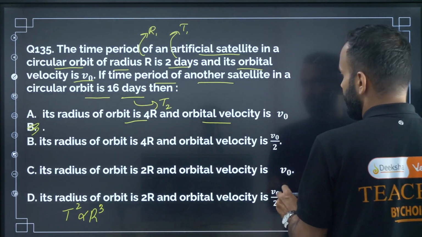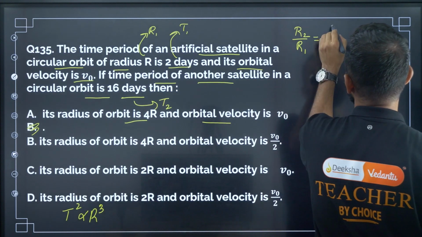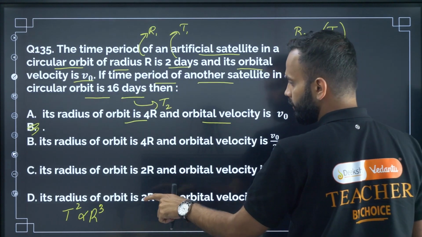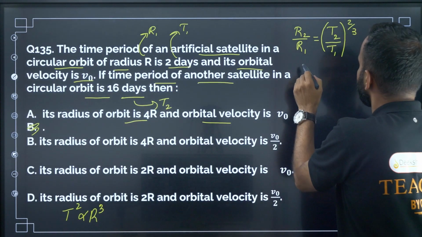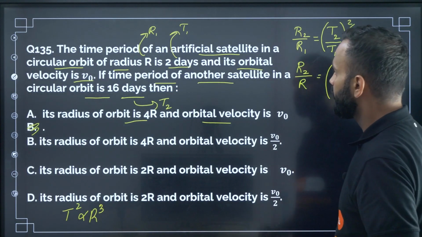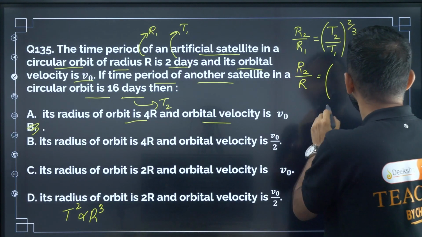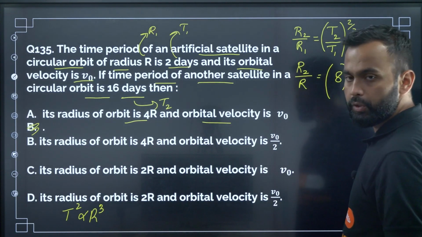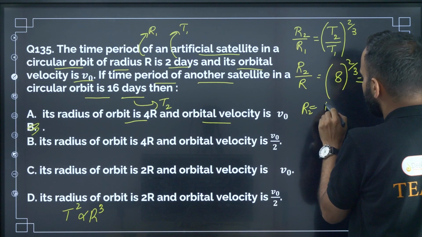So r2 divided by r1 is equal to t2 divided by t1 to the power 2 by 3. So r2 divided by r1 is t2 is 16, t1 is 2. So 16 by 2 is 8. So 8 to the power 2 by 3 is 4. So r2 is equal to 4r.